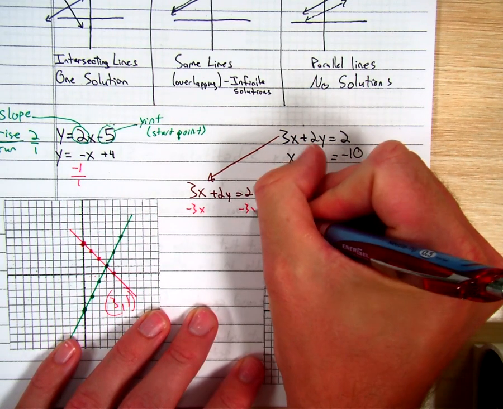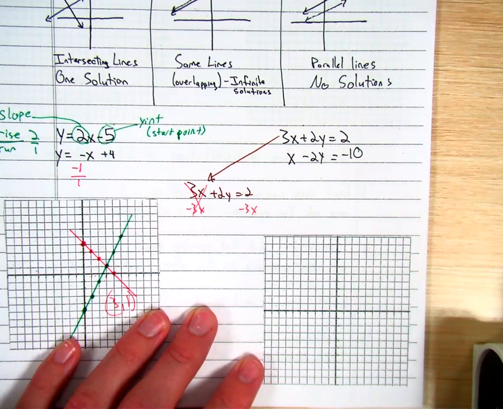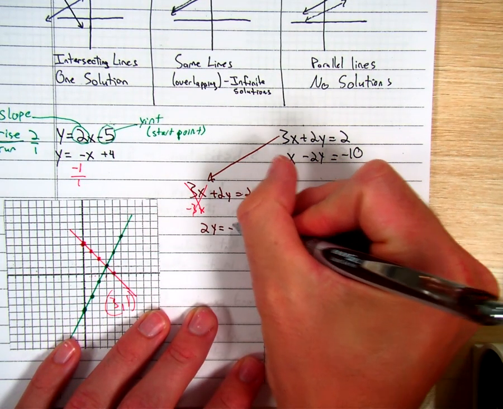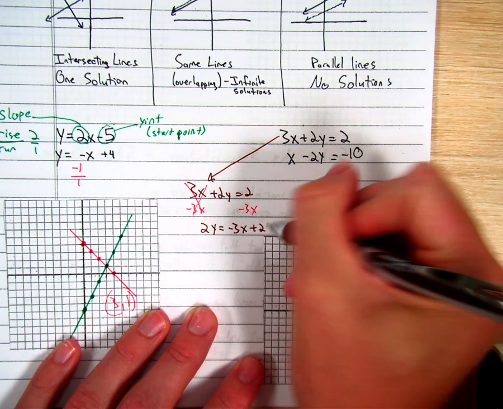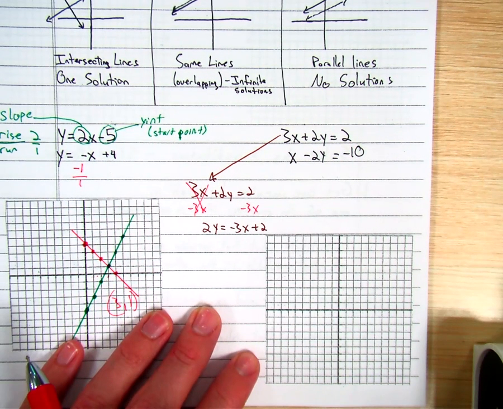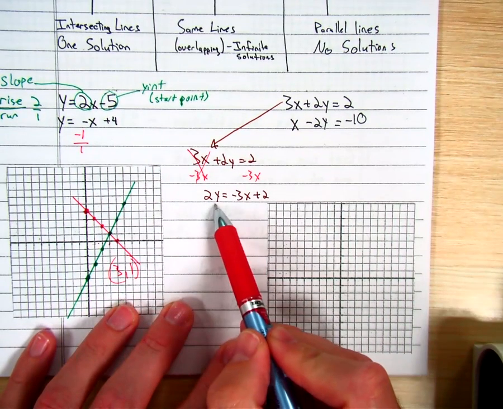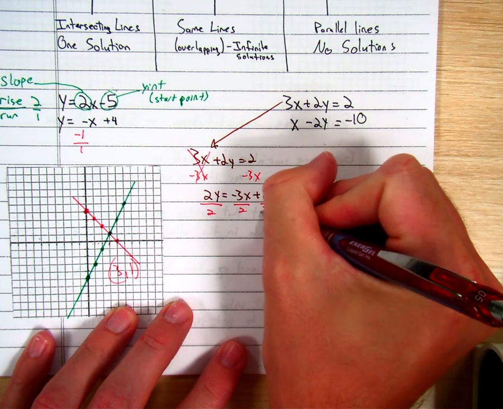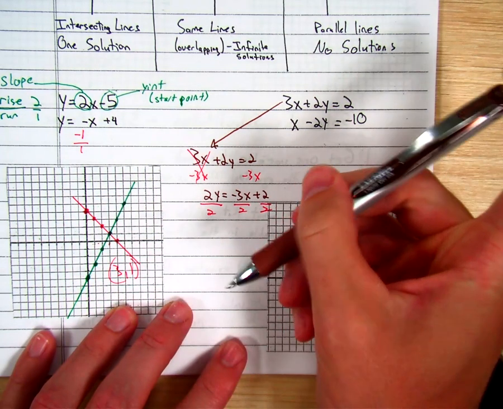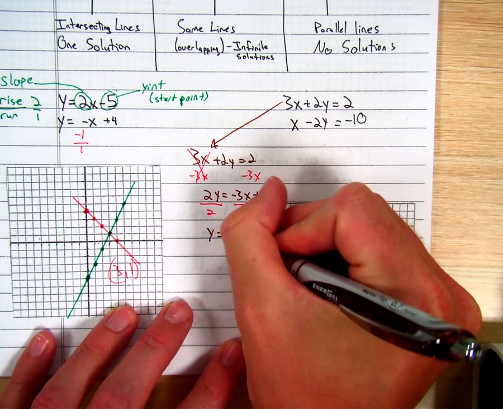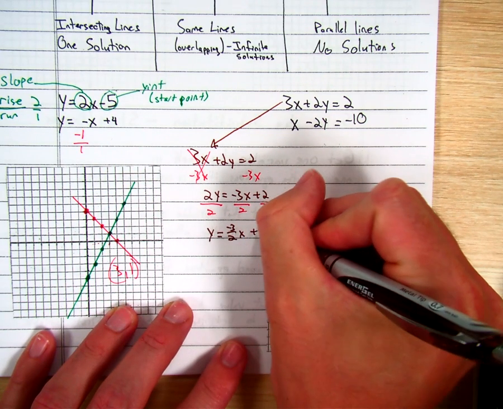So let's move those x's over. -3x plus 2. And now we're going to divide everything by 2. And we have y equals -3/2 x plus 1.